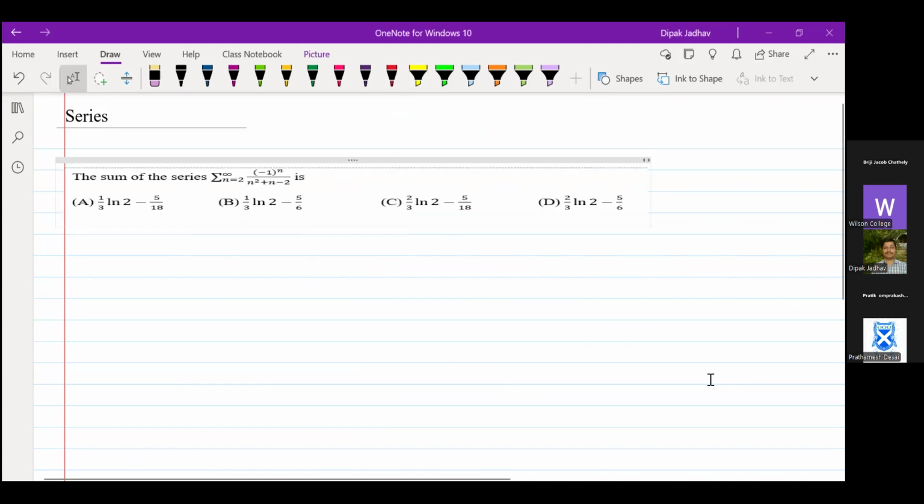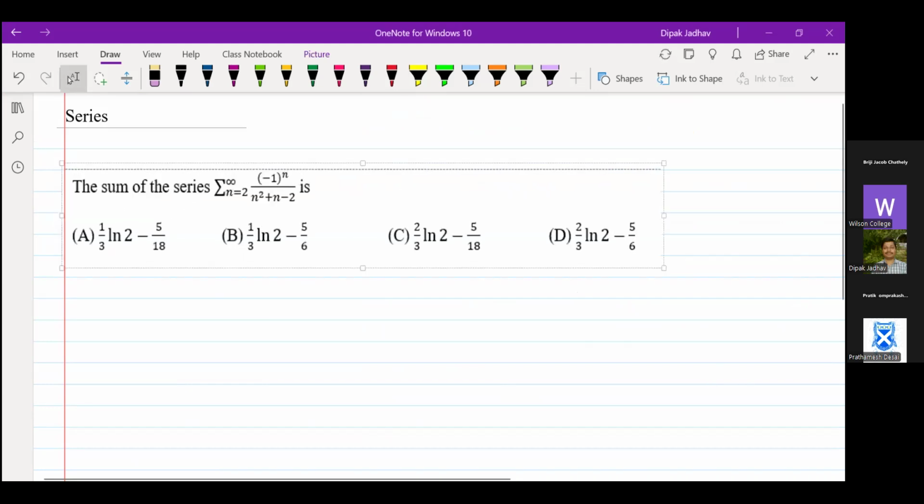Is it visible to all of you? The sum of the series summation minus 1 raised to n upon n square plus n minus 2 is. All of you think on this.